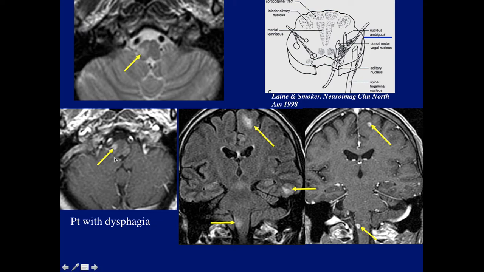And there are many other lesions, as you can see, some of which are enhancing. Again, this is in the position of the 3 columns. Patient had melanoma mets, and it's this lesion here which causes the patient's dysphagia, again because of the nuclear columns of 9, 10, and 11. You can see a similar position on the opposite side.